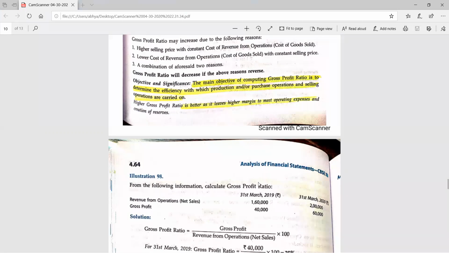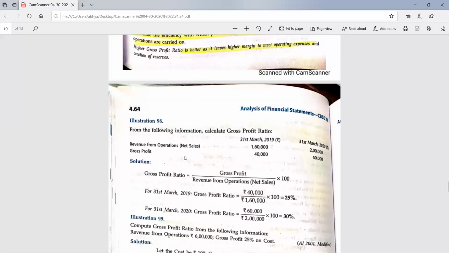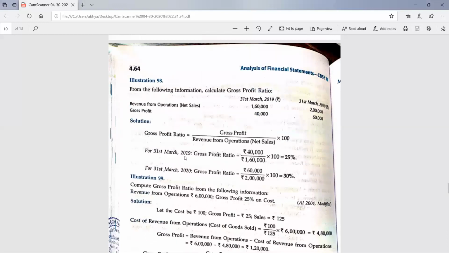You have to just put the values in the formula. Yes, everyone has given me the correct answer. Very good, students. Actually this formula is very easy. 25% and 30%. Very good.